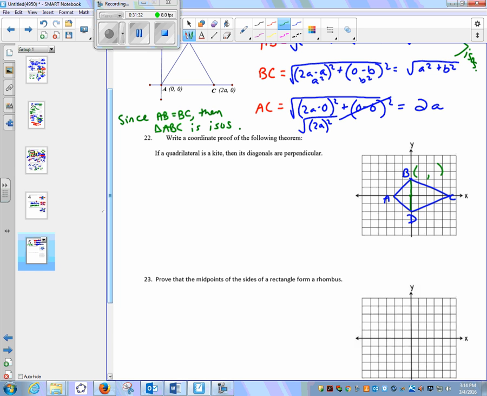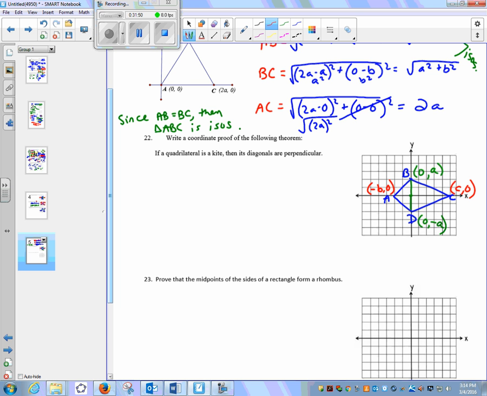This is a kite, so I'm going to go over 0, up A, over 0, down A, back B, up 0, positive C, up 0. Those are my coordinates.